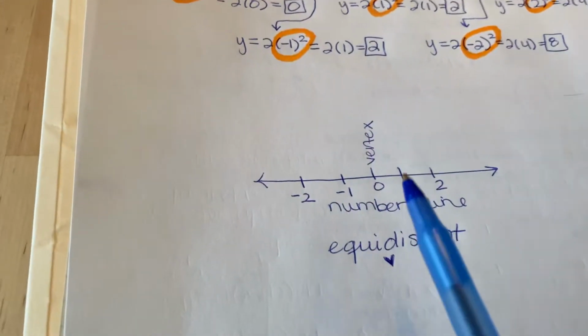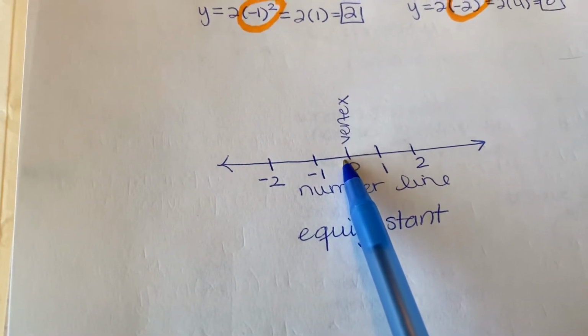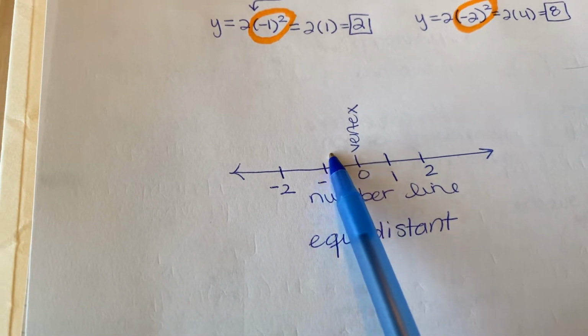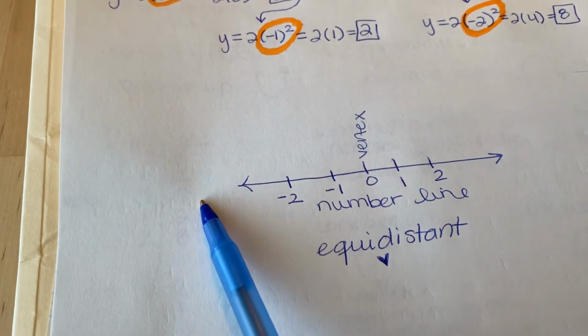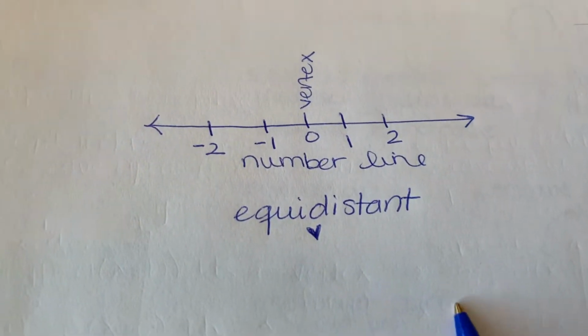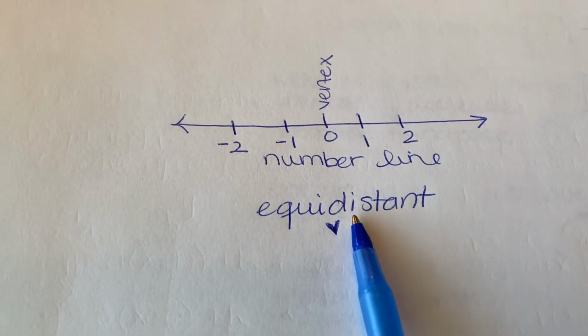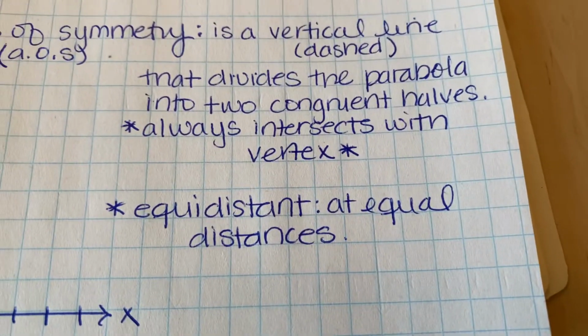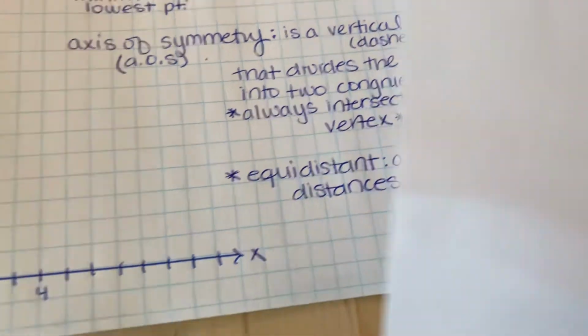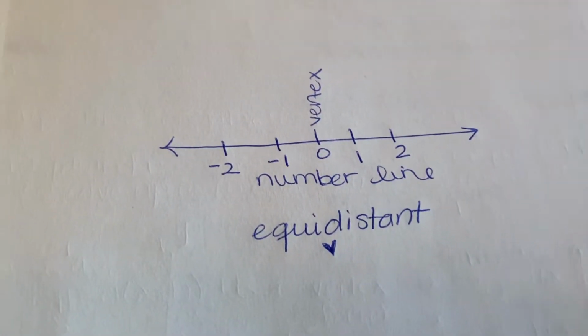All right, anyways. If you follow to the left, you count -1, -2, -3, -4. Equidistant, equally distant, right? That's what it said in the previous video. Equidistant means at equal distances or equally apart.